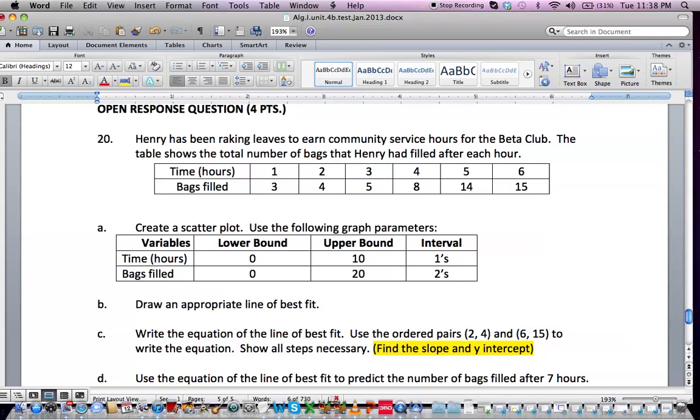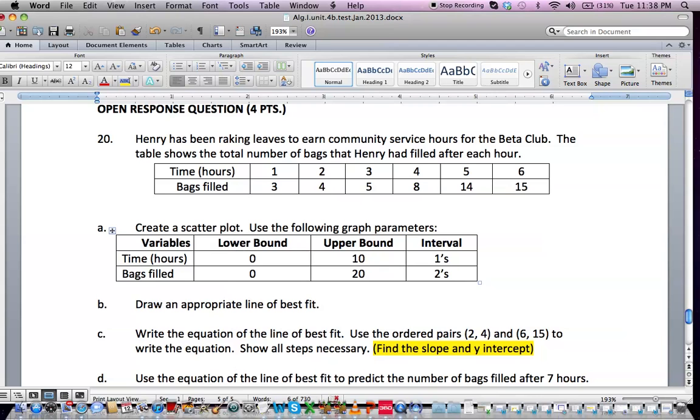Part A wants you to create a scatter plot and use the following graph parameters. This is very, very important here, okay? For the time in hours, your lower bound is 0, and your upper bound is 10, and your interval is 1. So you're going to start at 0, go to 10, and count by ones. And this is time, and time is usually on the x-axis.